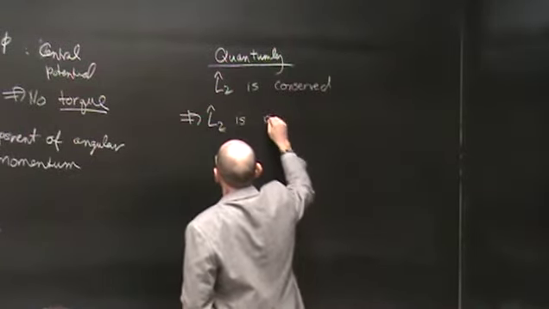Okay, so I can rewrite the Hamiltonian. For my 2D simple harmonic oscillator, I can rewrite my Hamiltonian as radial momentum and the potential plus angular momentum over 2m radius squared. Okay. So now I can look for energy eigenfunctions.